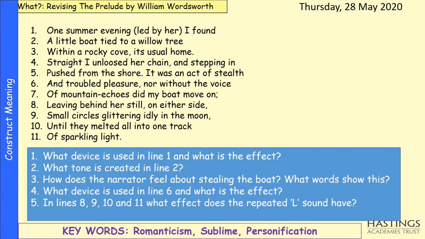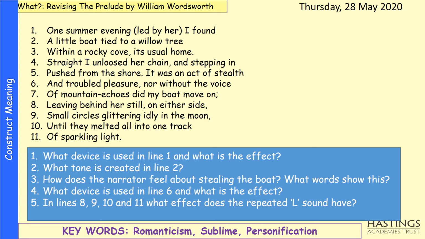That word straight, it makes him sound quite confident, like there's no hesitation as he's doing this. And then he also says it was an act of stealth. It's like he knows that he's doing something wrong, okay, taking this boat, but he's doing it very confidently, without hesitation. So that sense that he's enjoying it, he wants to be doing that.